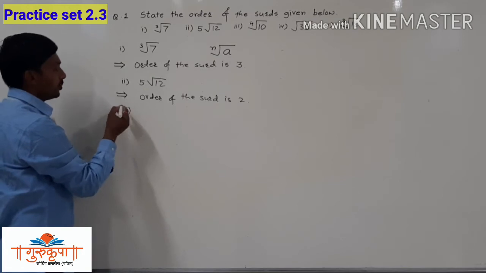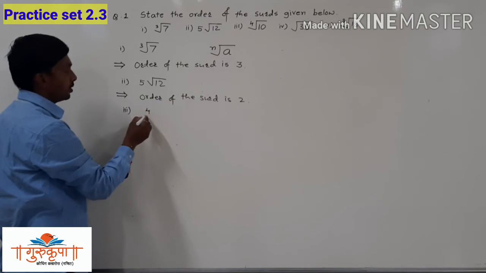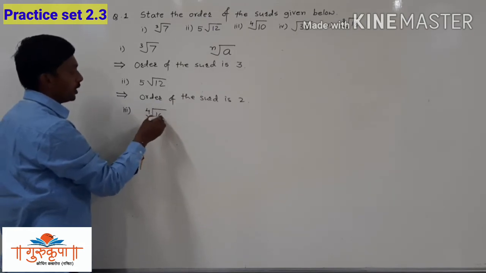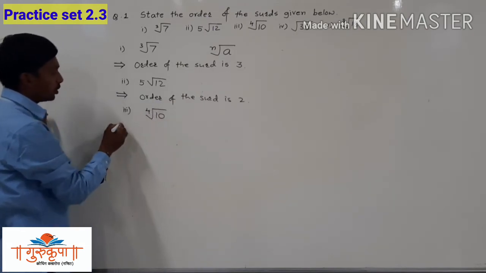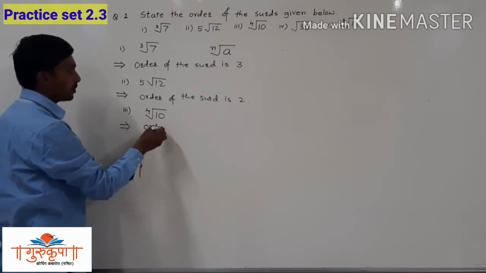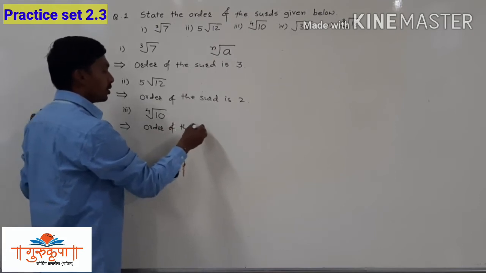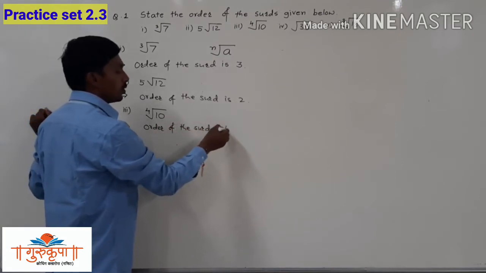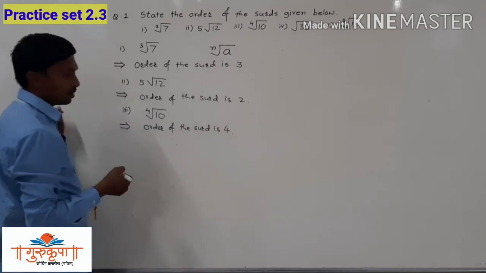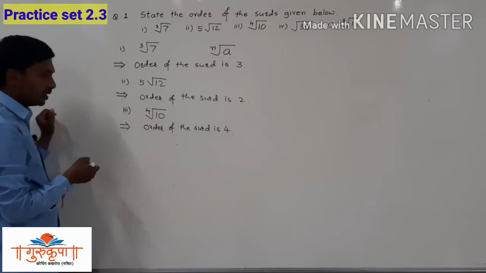In the third example we have a surd, that is 4th root of 10, and here in place of n we have 4. So you can directly write the order of the surd is 4.